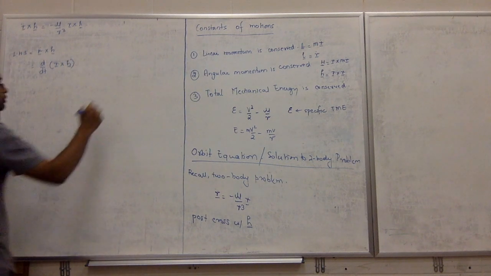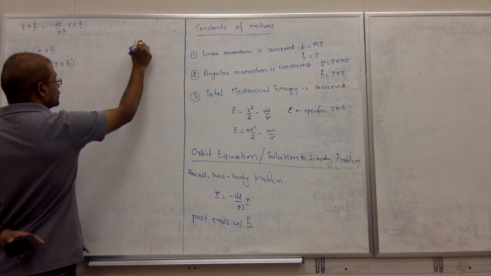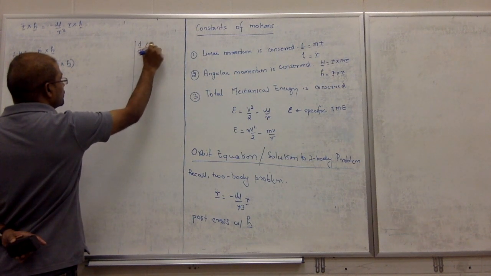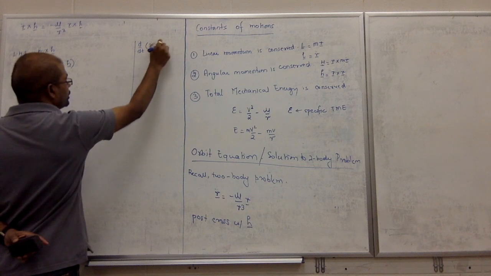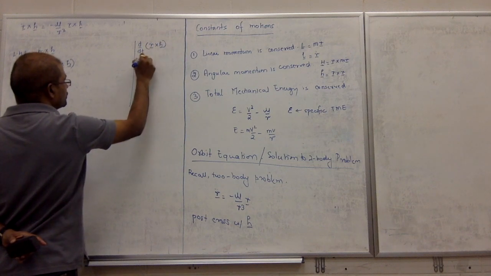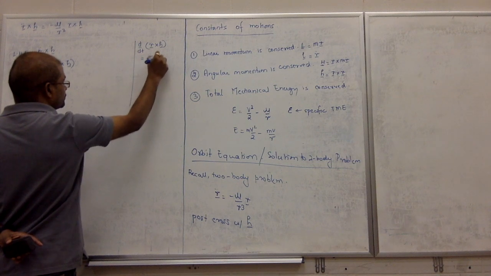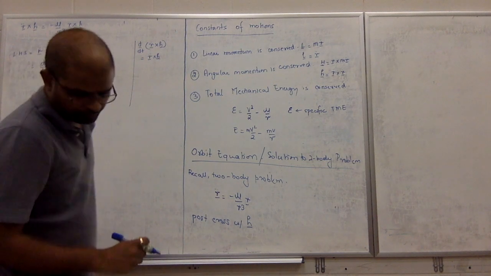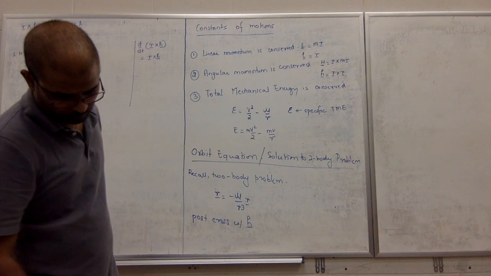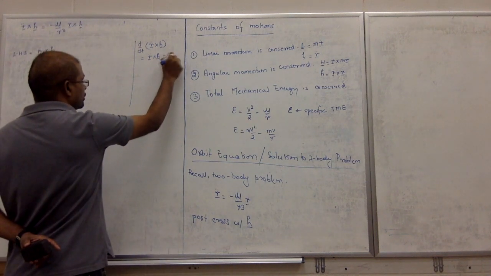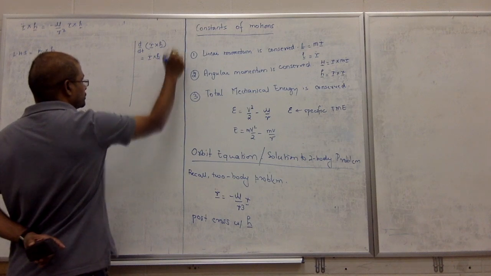Here is a simple proof. d over dt of R dot cross with h is R double dot cross with h minus R dot cross with h dot.